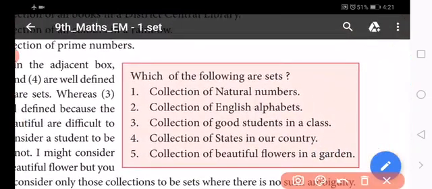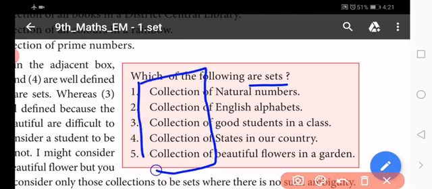Look at the box. We find which one of the following are sets or not. In these 5 examples, we look at the word collection of.